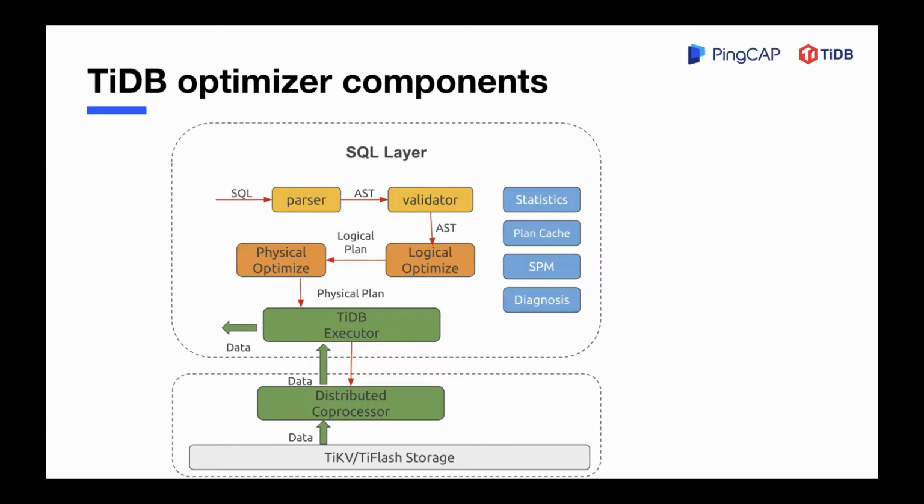But the TiFlash coprocessor is distributed. It's an MPP-style coprocessor. You probably heard about MPP, which means that the TiFlash coprocessors can cooperate with each other. They can shuffle the data and do distributed join and distributed aggregation at the same time. So the optimizer needs to know which part of the computation to send to TiKV, and which part of the execution to send to TiFlash. I also want to point out that this is a very big differentiator between the traditional database and the distributed system.